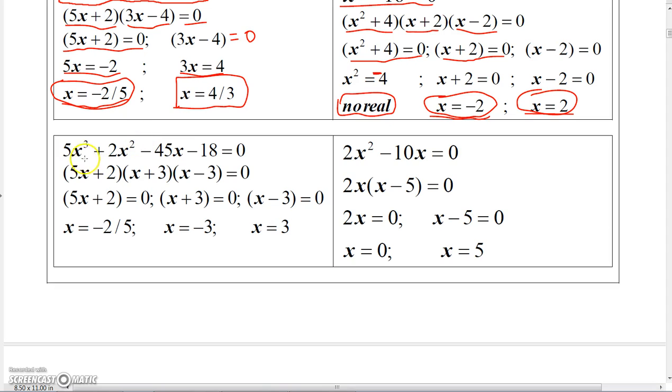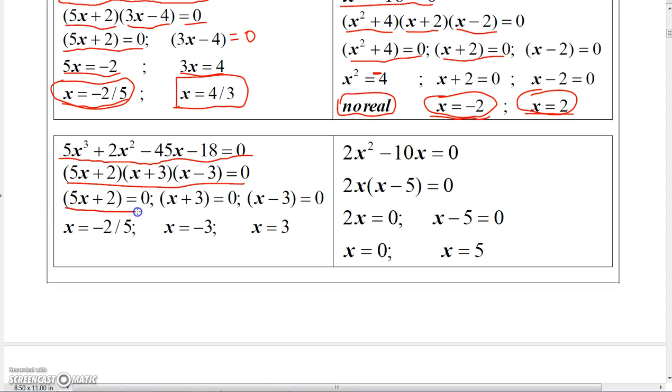Okay, now this one, I factored by grouping in an earlier video, and then when I factored it, I actually had a binomial that factored further into x plus 3, x minus 3. So this one has 3 factors as well, 5x plus 2, x plus 3, and x minus 3.